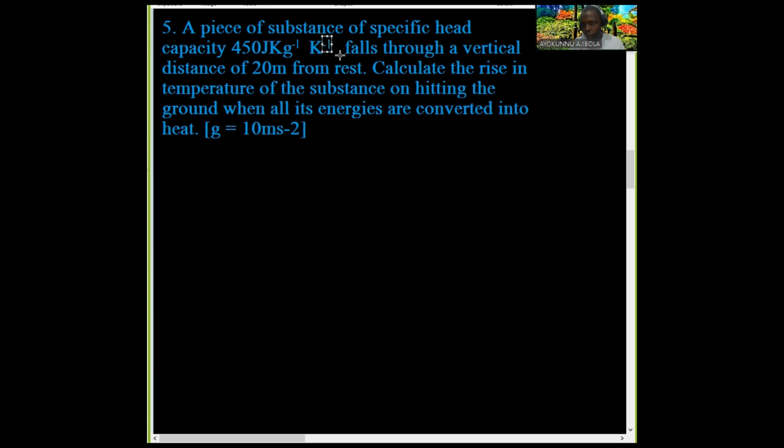Calculate the rise in temperature of the substance on hitting the ground when all its energy is converted into heat. Take g as 10 meters per second squared. Okay. Now, what do you think?